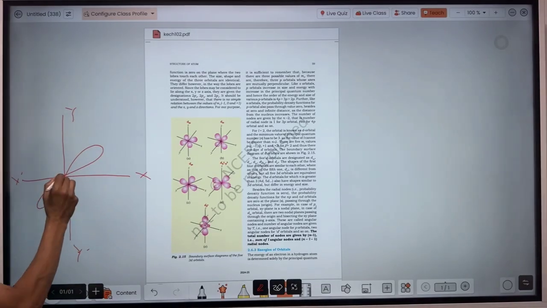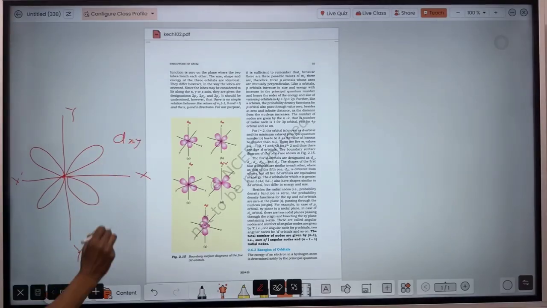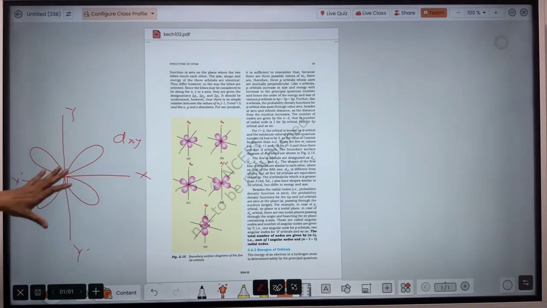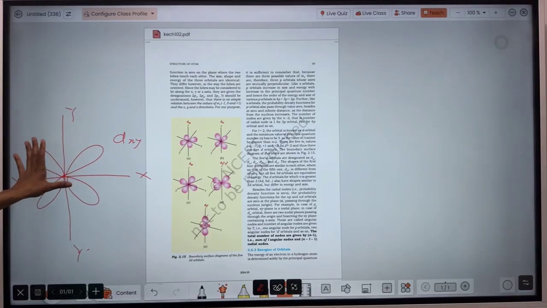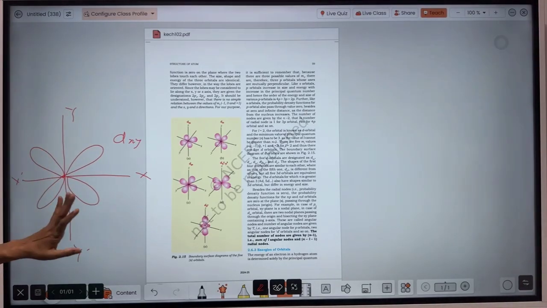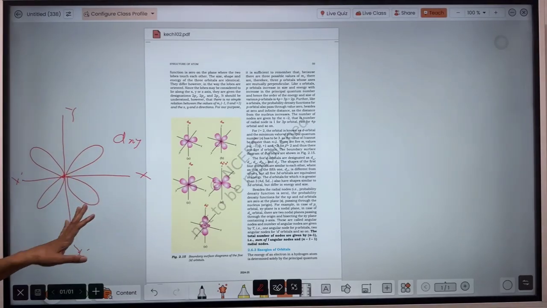The lobes will be along these coordinates. This is for dxy. In case of dxy, one lobe will be along xy, one lobe along x dash y, one lobe along x y dash, and one lobe along x dash y dash. So like this.